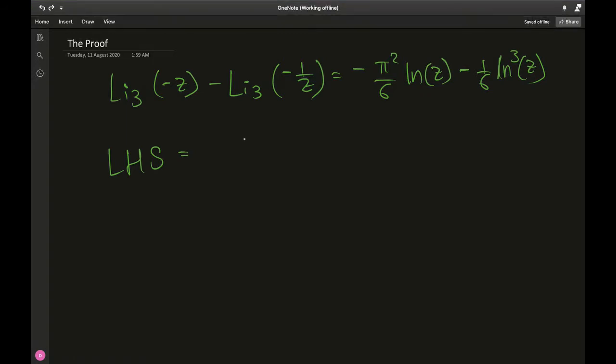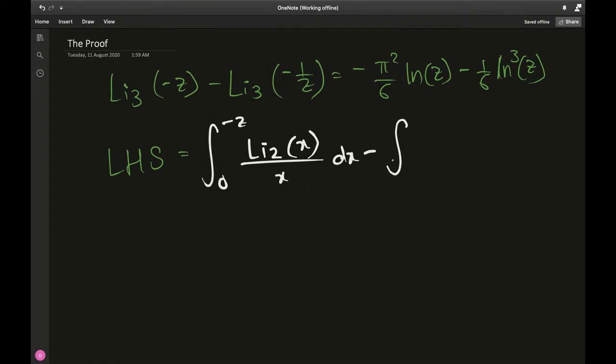On the left hand side, I'm going to use the integral representation for both trilogarithms. So we'll have the integral of the dilogarithm of x divided by x, dx, subtracted by the integral from 0 to negative 1 over z of the dilogarithm of x divided by x, dx.